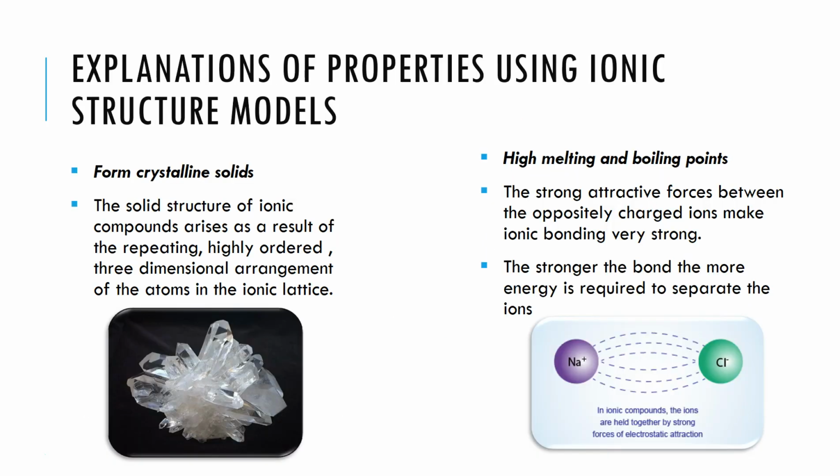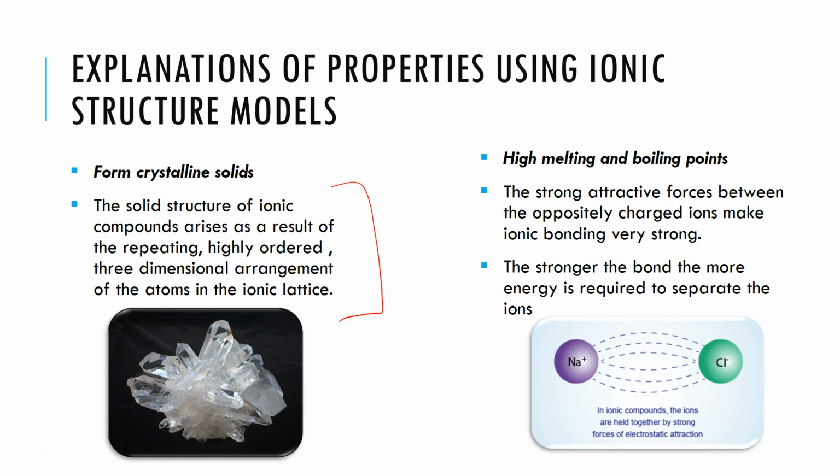So when we explain these, we take the same approach we did with metallic bonding. Let's look at our crystalline solids and melting points first. We can explain the crystalline solids by linking it back to the solid structure of ionic compounds, coming about due to the repeating, highly ordered three-dimensional arrangement of the lattice. So when we see these regular formations, it's because of that repeating nature.